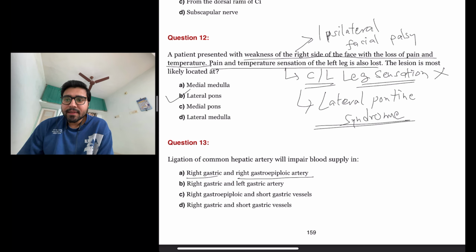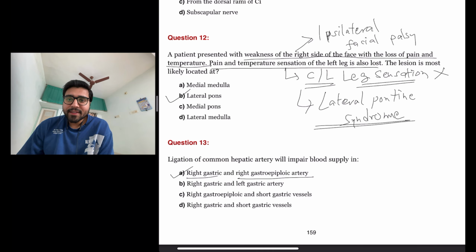So the answer here is A. We have to know the vascular anatomy of the blood supply of the liver as well as stomach, so that we can easily answer this kind of question, and this kind of question becomes a cakewalk. So the answer here is A.